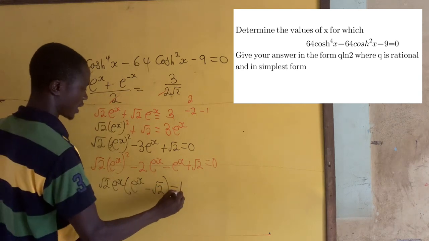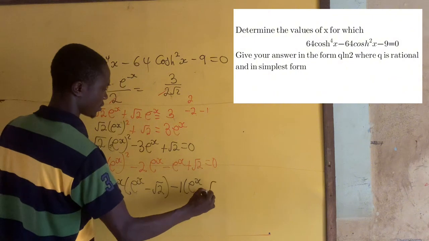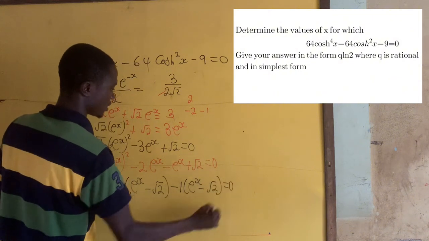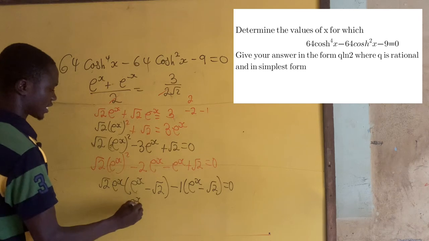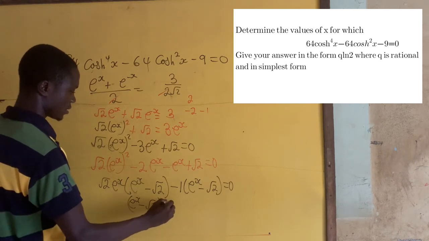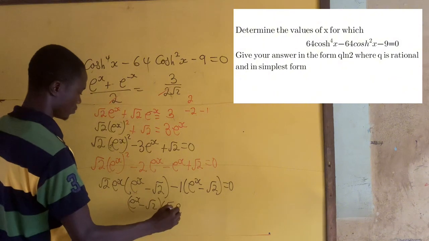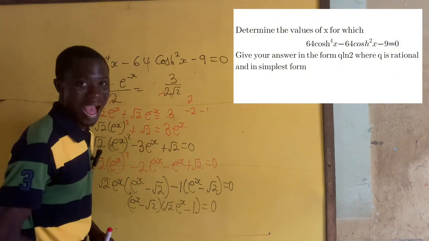So minus 1 into e power x minus root 2 equals 0. So you have e power x minus root 2 times square root of 2 e power x minus 1 equals 0.